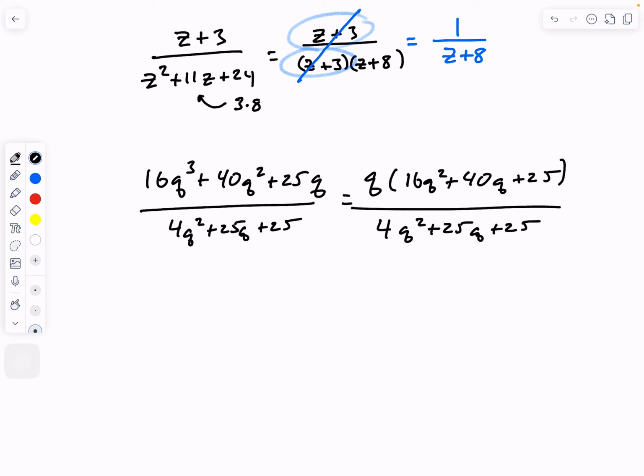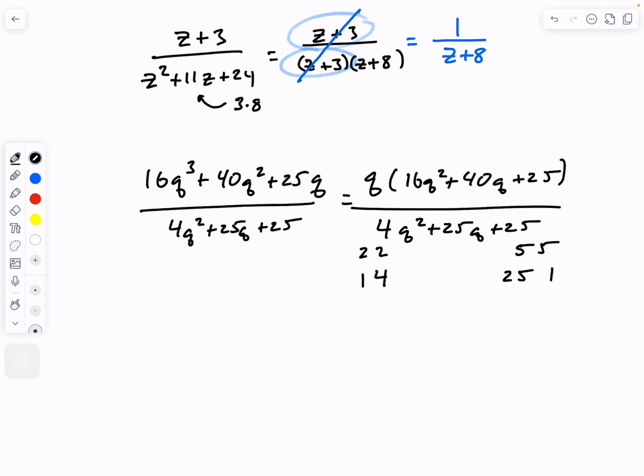I'm able to factor the bottom. Let's see, 2 and 2, and this is 5 and 5. If I multiply them together, that'll be 10 and 10. That doesn't add up to become 25. Let's try 4 and 1 and 25 and 1.